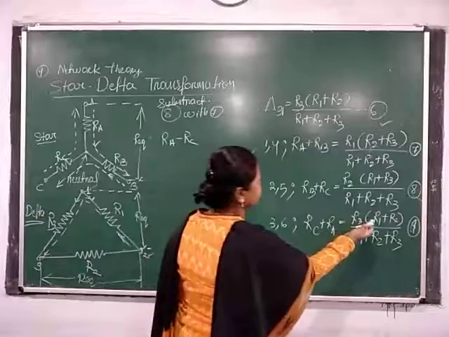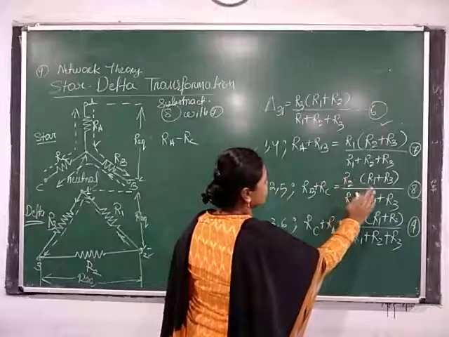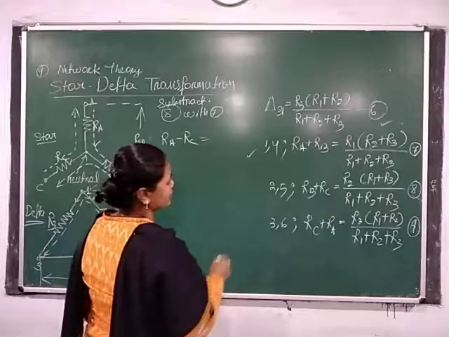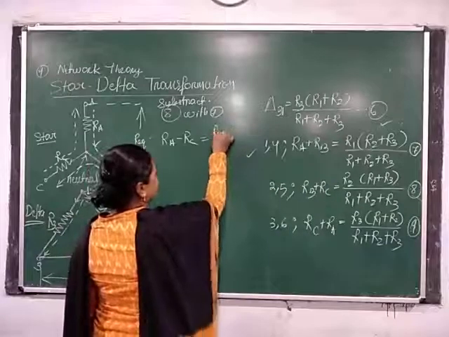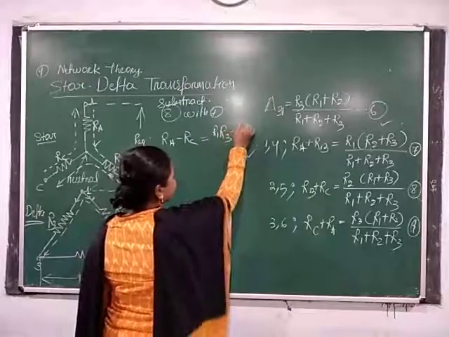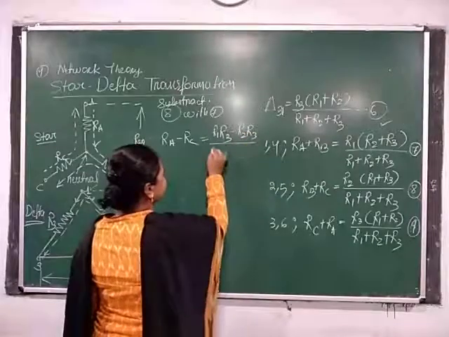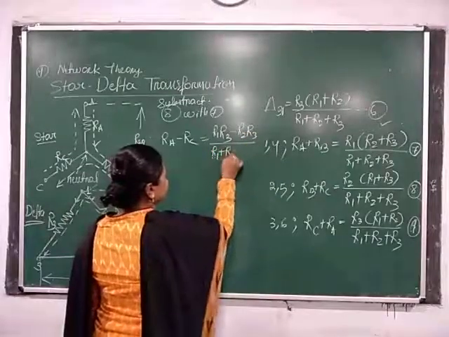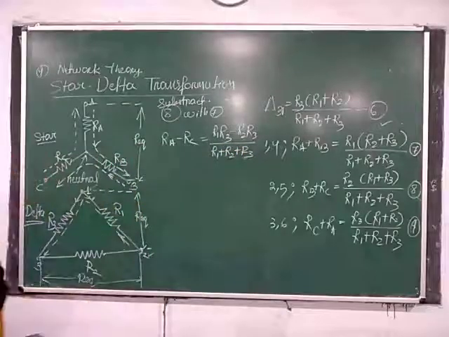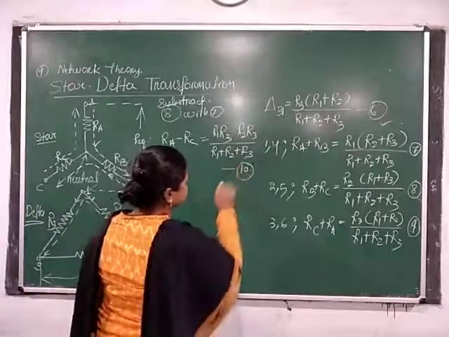On the right hand side, the R1 R2 terms cancel out, and you get the result R1 R3 minus R2 R3 divided by R1 plus R2 plus R3. This is equation 10.